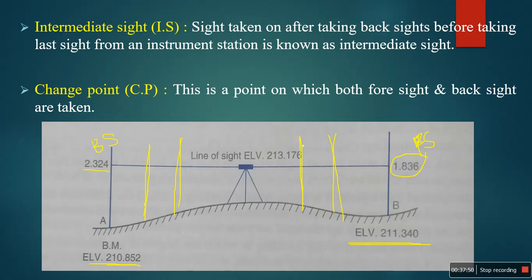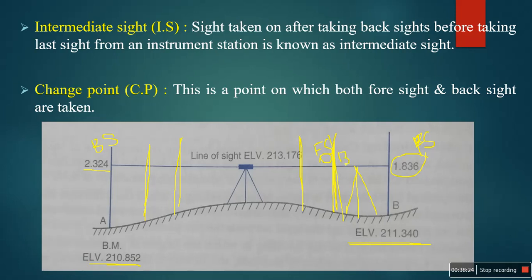Now change point. Change point means what? Suppose you are shifting the instrument, and you set up the instrument at a new station, like this. So this is our last staff station, and whatever reading is there will act as a foresight. After shifting the instrument, on the same staff station you take one more staff reading.